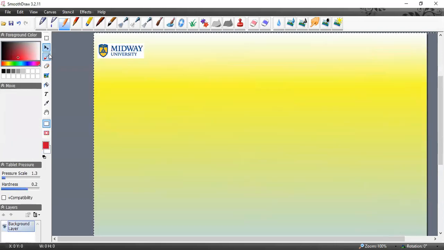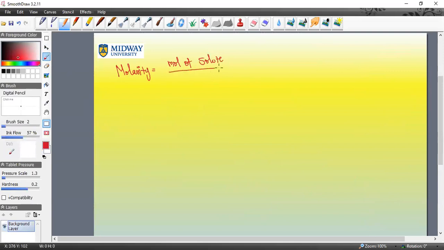Okay, all right, so let me recap everything I said in the previous screen. So molarity is the moles of solute. Now I am going to replace the amount with the mole because I think you've all heard me say the word moles prior. So moles of solute over 1 liter of the solution.